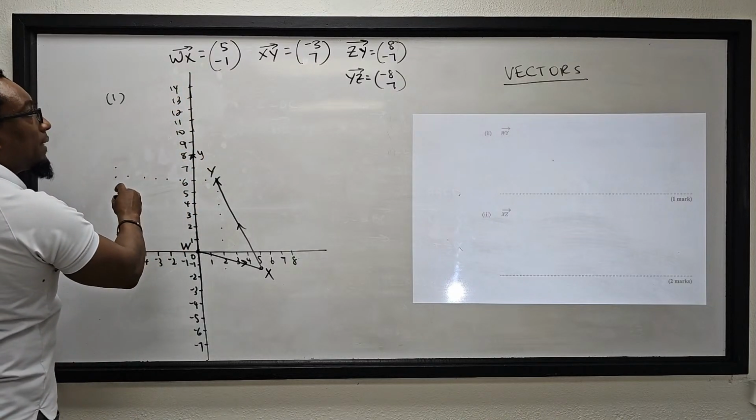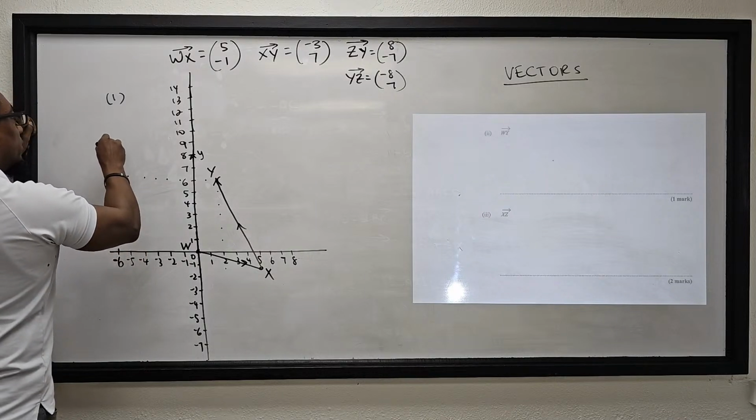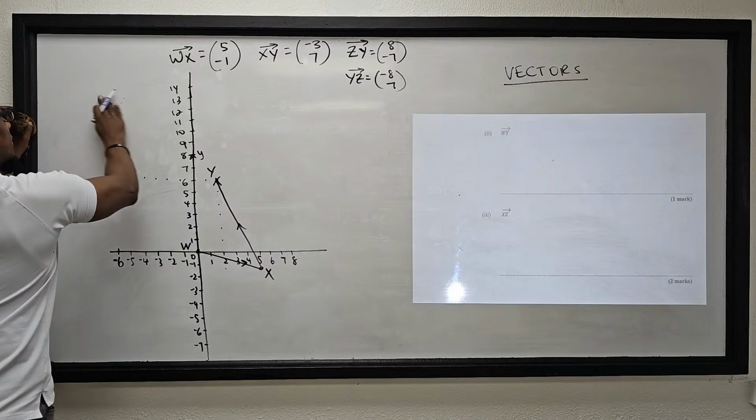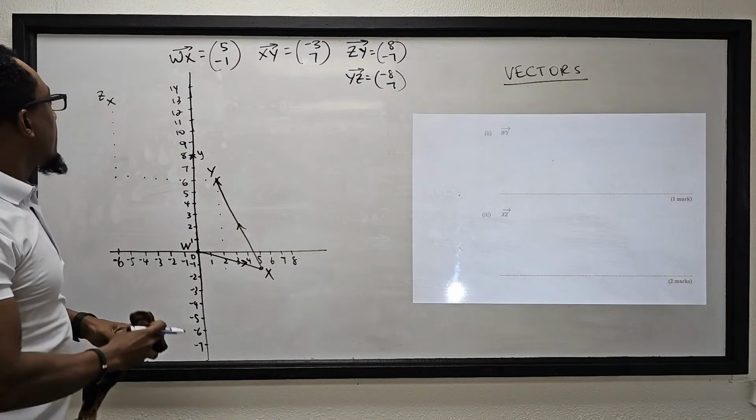So this will be 7 upwards: 1, 2, 3, 4, 5, 6, 7. Alright, so that will be Z.